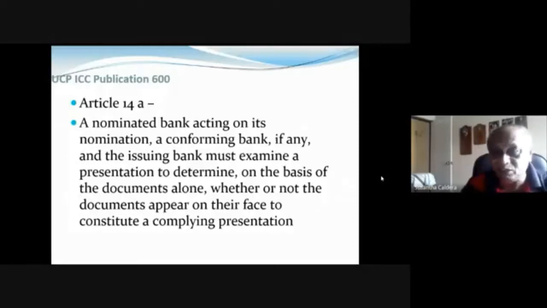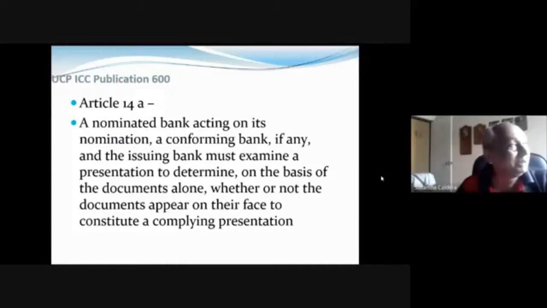Article 5 makes it clear, right? We have to determine the presentation only by checking the documents. Documents alone. Whether or not the documents appear on their face to constitute a compliant presentation.